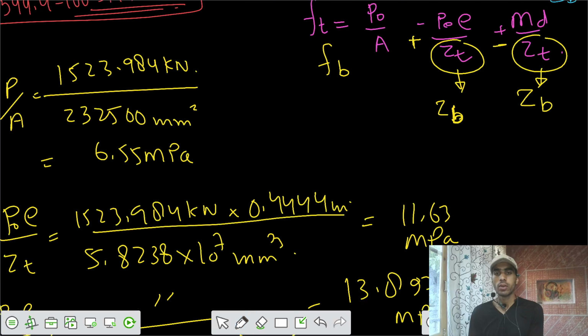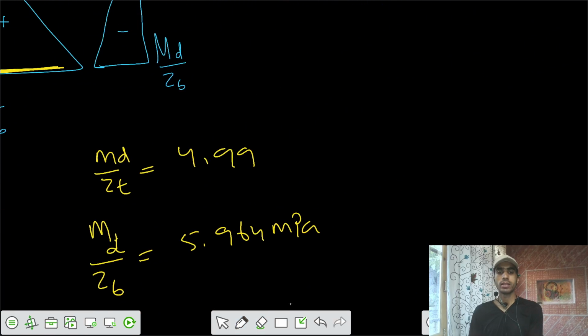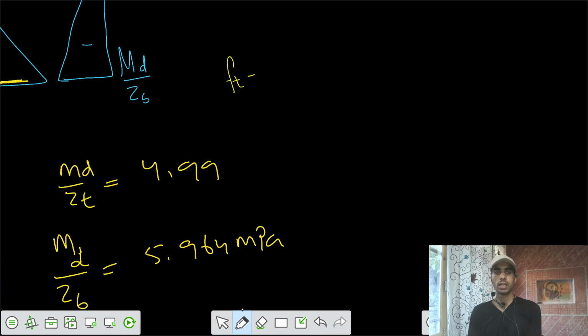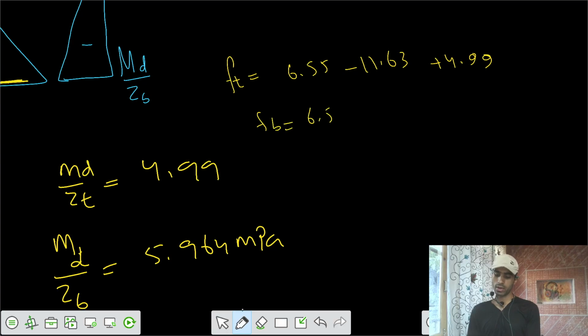Now you have to substitute those values here, and your F top, the final stress at the top, is equal to 6.55 minus 11.63 plus 4.99. Stress at the bottom is 6.55 plus 13.897 minus 5.964.